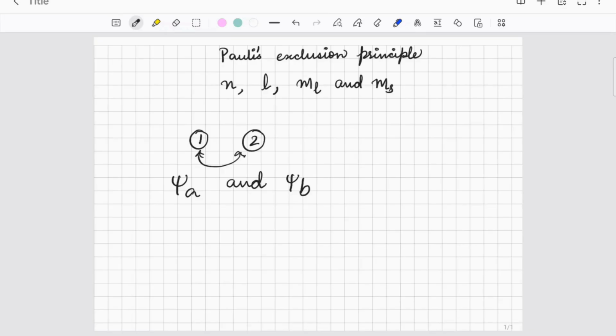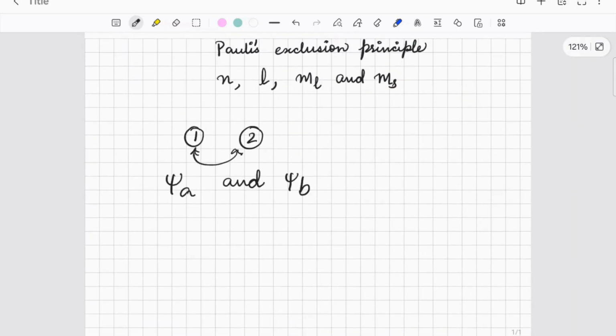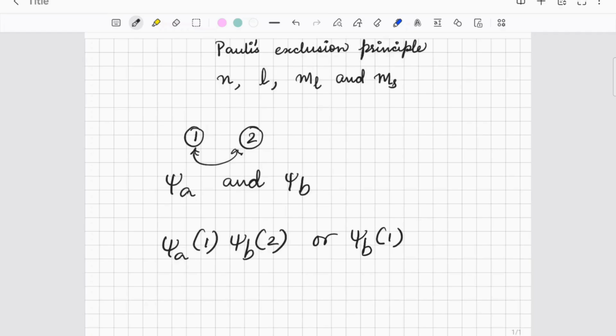Using ordinary product state construction, electron 1 can reside in psi A and electron 2 in psi B, or electron 1 in psi B and electron 2 in psi A. Keep in mind that 1 and 2 are labels we have given for mathematical convenience. There's no way you can distinguish between these two, so these two assignments are physically indistinguishable.